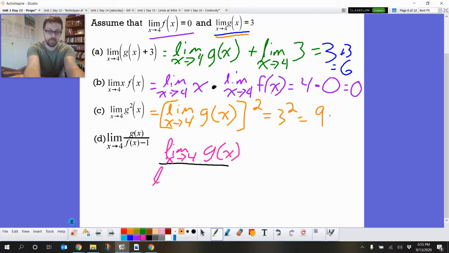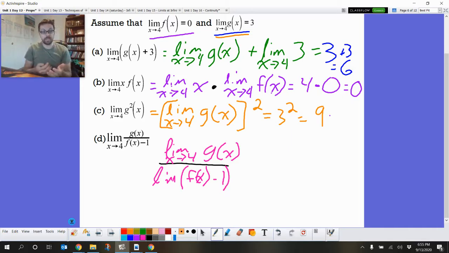And on the bottom, we've got the limit as x approaches 4 of f of x minus 1.